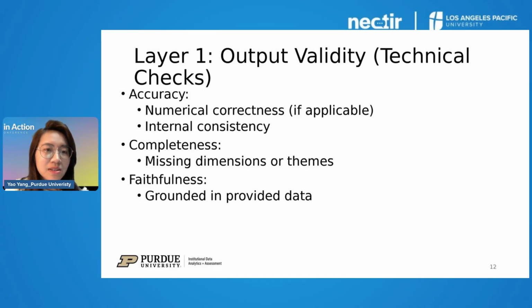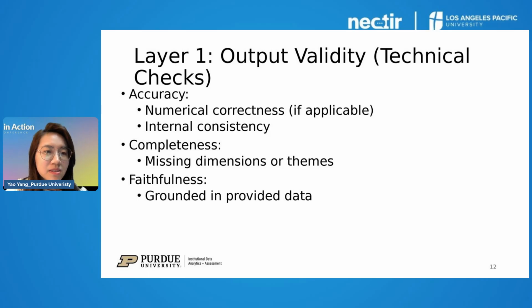And second is the completeness. We need to see if the AI has missed any important dimensions or themes in the data. And the third one is faithfulness. That means the output must be grounded in the data we provided, not based on any kinds of assumption or external information. So this is important, but it's only the starting point.